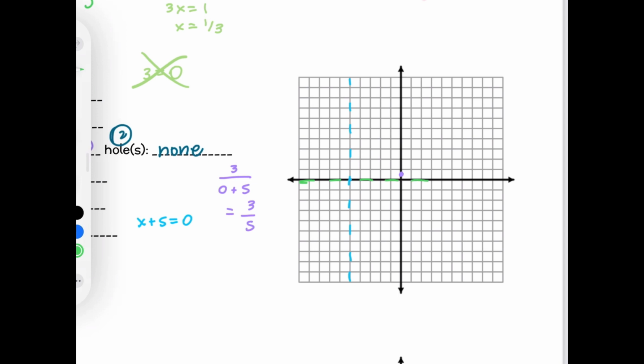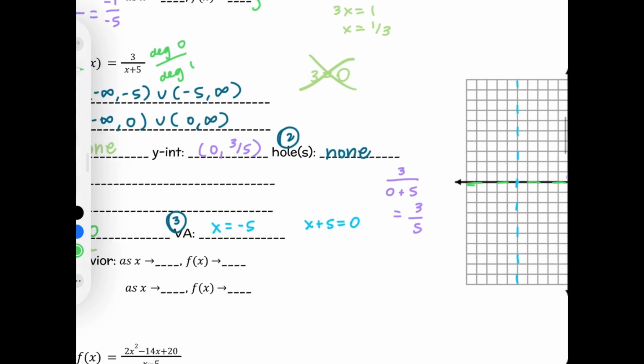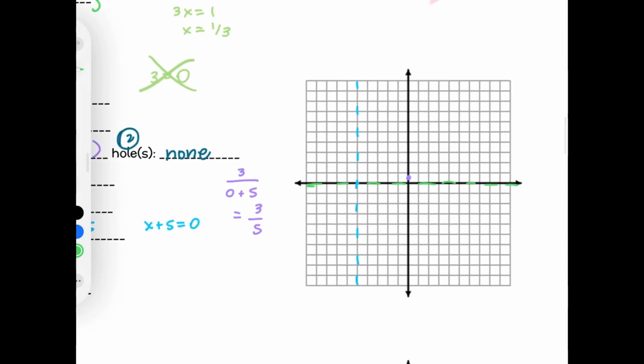So we'll have a horizontal line there. And we have no other points to graph. So we're really only going off our asymptotes and one extra point. So now we're going to just get our shape of the graph so we can figure out increasing or decreasing. So we're going to have it kind of approaching. And then this section, we're just going to sketch because we know it needs to be in the opposite section of that one.